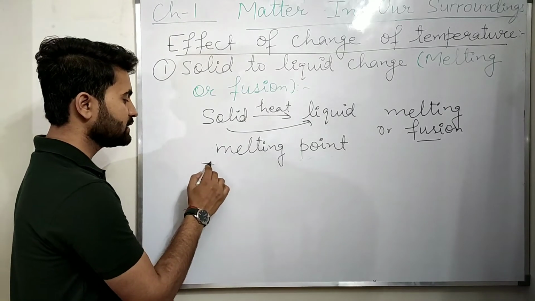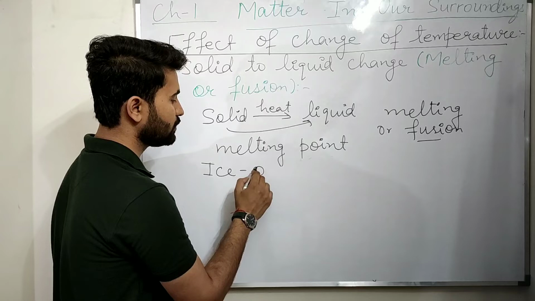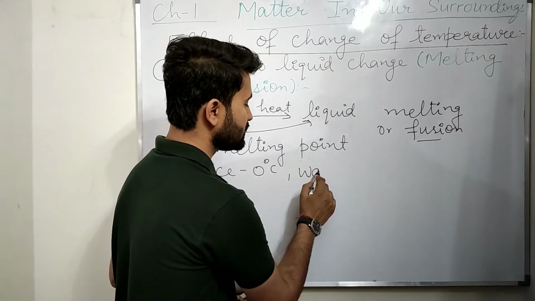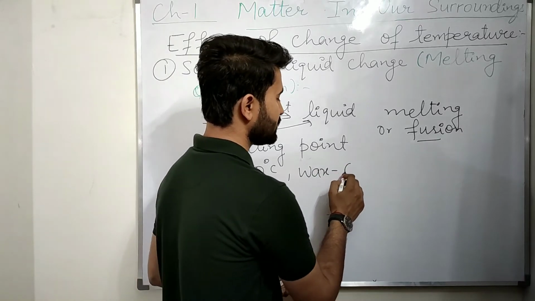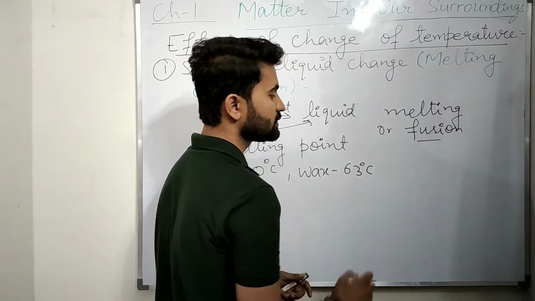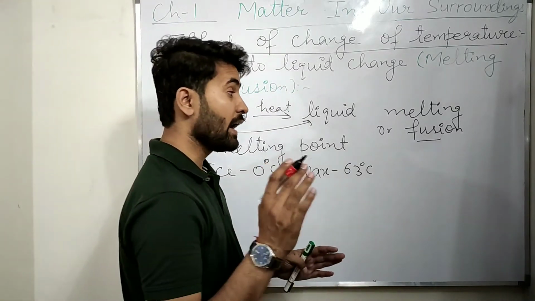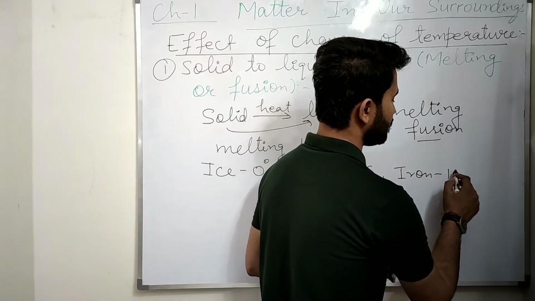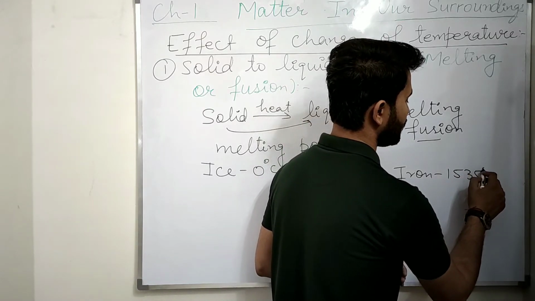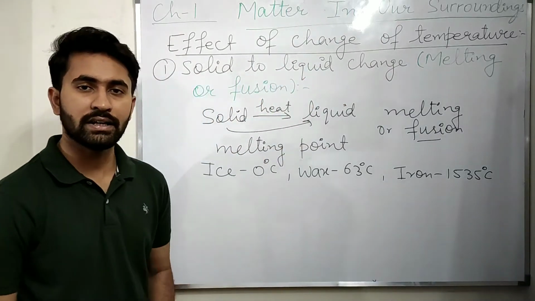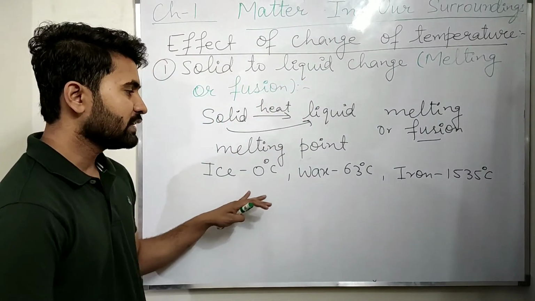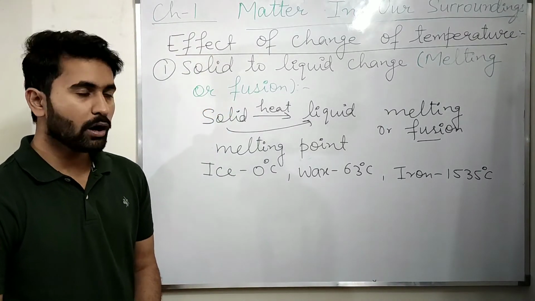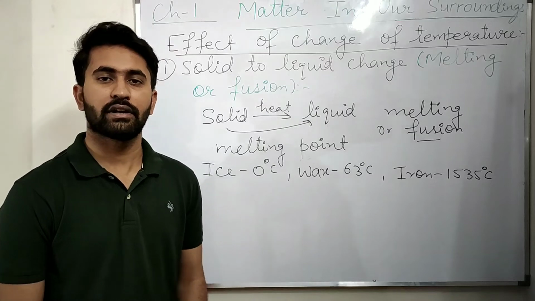Like ice melts at 0 degrees Celsius, whereas wax melts at 63 degrees Celsius, and iron melts at nearly 1535 degrees Celsius. So different substances melt at different temperatures, or the melting point is different.